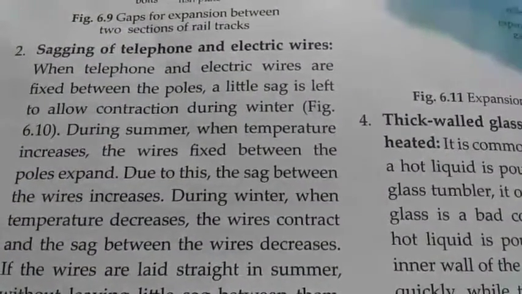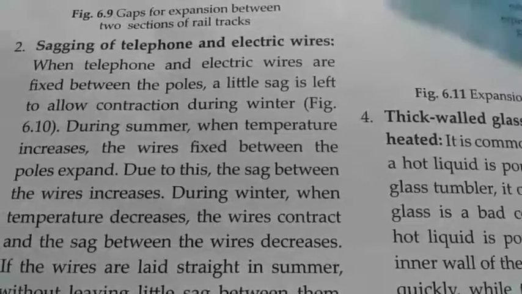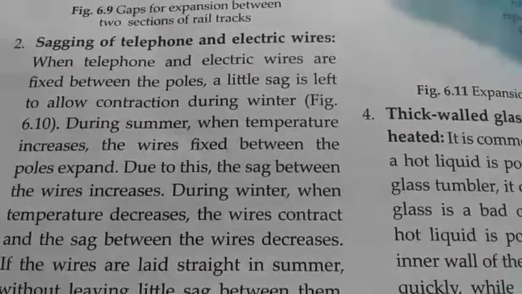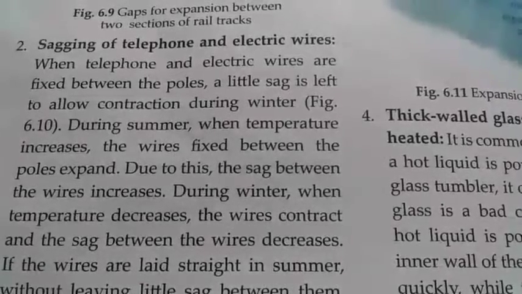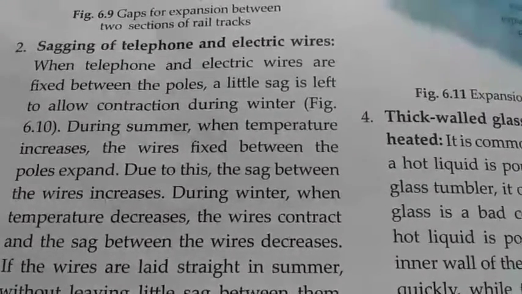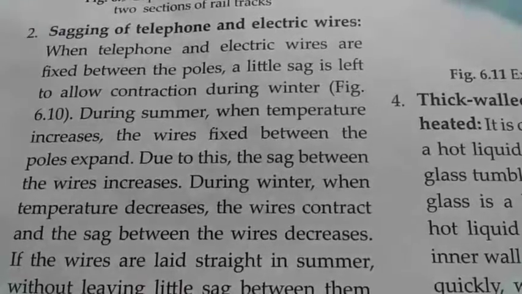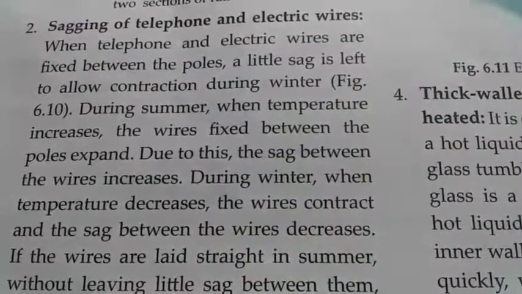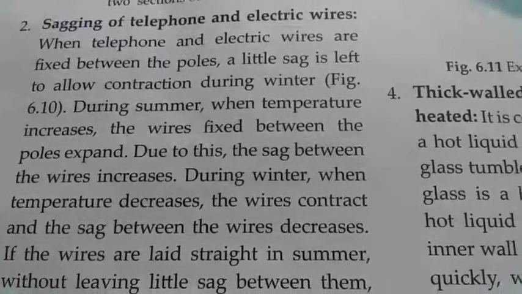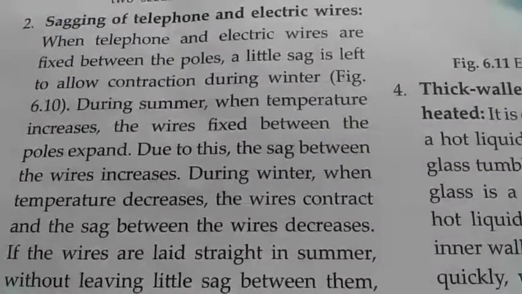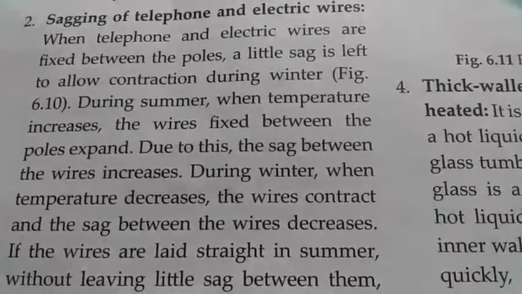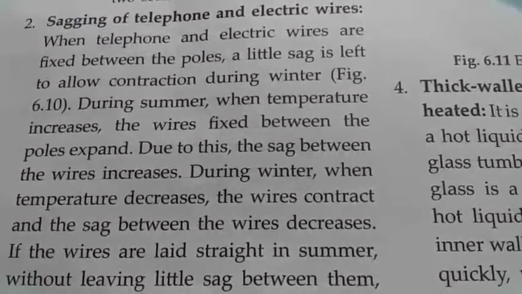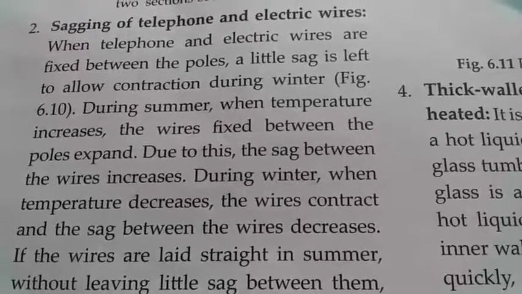Now, sagging of telephone and electric wires. We all know that telephone and electric wires are fixed between the poles and a little sag is left between them to allow contraction during winter. As we know, when the temperature decreases, there is contraction, and when the temperature increases, there is expansion. So during summer, when the temperature increases, the wires fixed between the poles expand. Due to this, the sag between the wires increases.